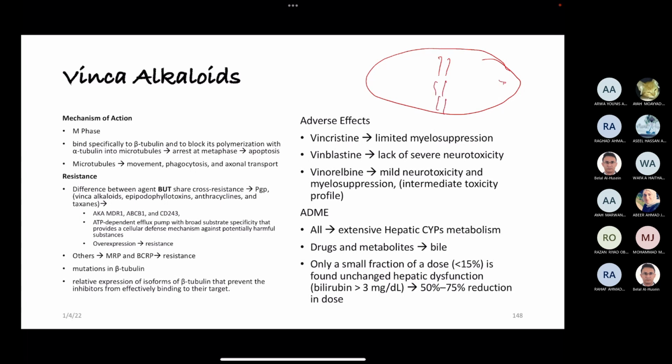And then 2 centrosomes will go to the poles of a cell, and then they extend microtubules to grab a copy of the genetic material, and they start depolymerizing and polymerization, and this will pull DNA copies to the poles of the cell. So microtubule formation, the first step of mitosis, or cell division, is impaired by vinca alkaloids.